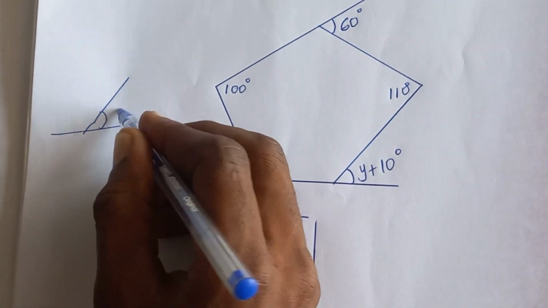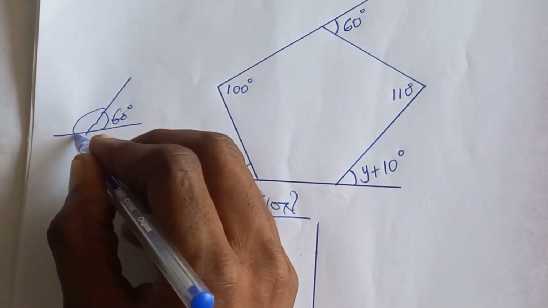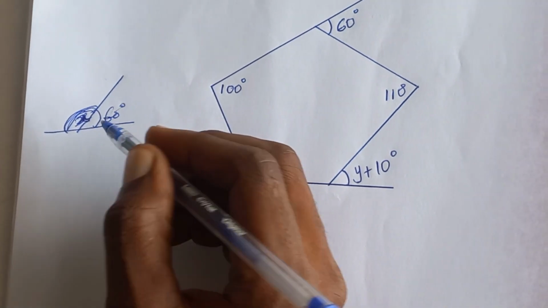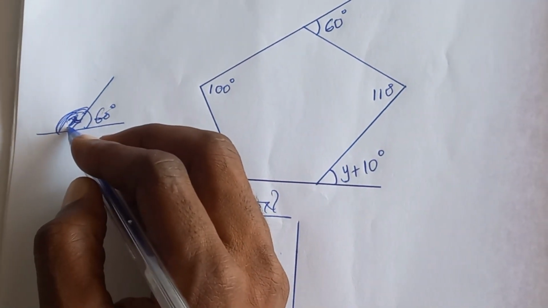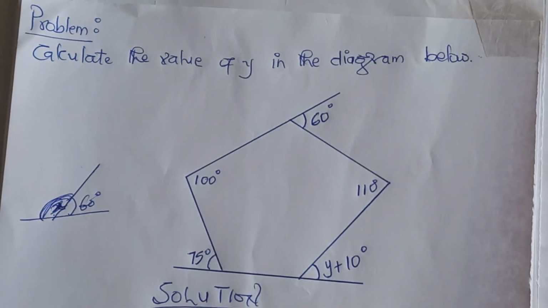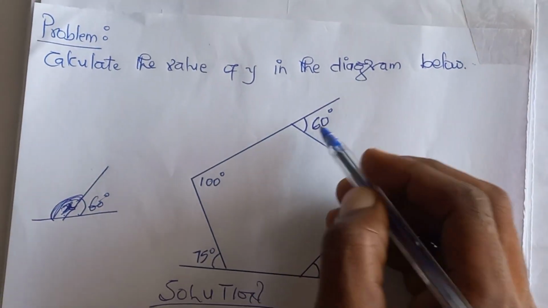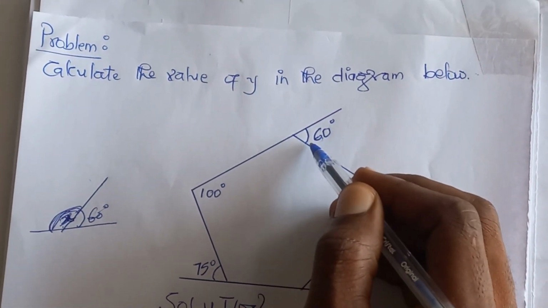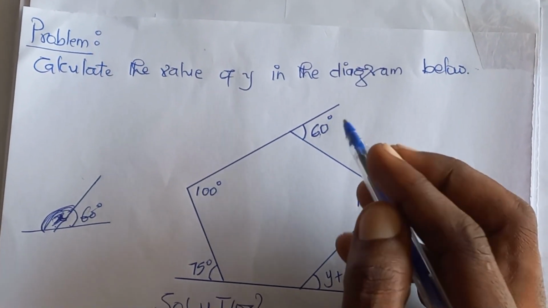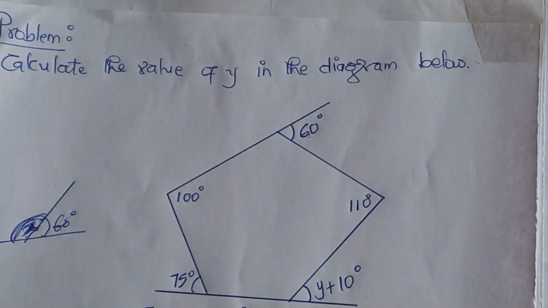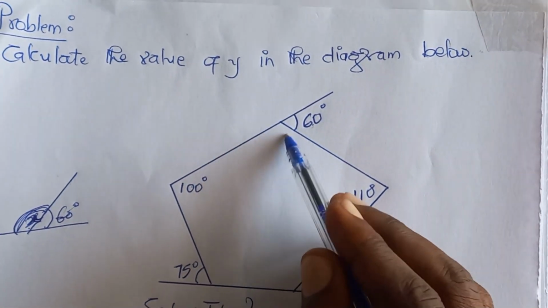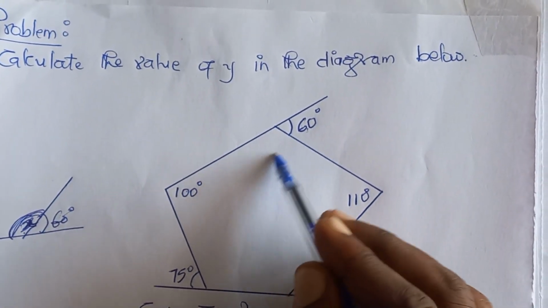This side is the 60, so we can look for this portion, x. We know that supplementary angles add up to 180, so we are going to subtract this 60 from 180. The remaining answer will be the interior angle.